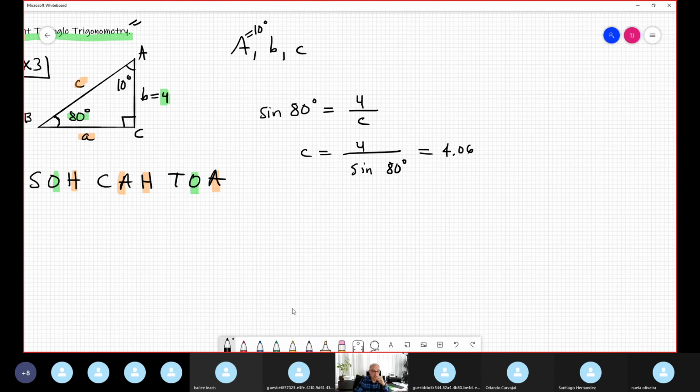You get this answer or no? Yes, it is. And likewise, tangent 80 degrees, 4 divided by a bigger number. Therefore, in this case, A is equal to 4 divided by tangent. And the answer is the answer you said, 0.71.